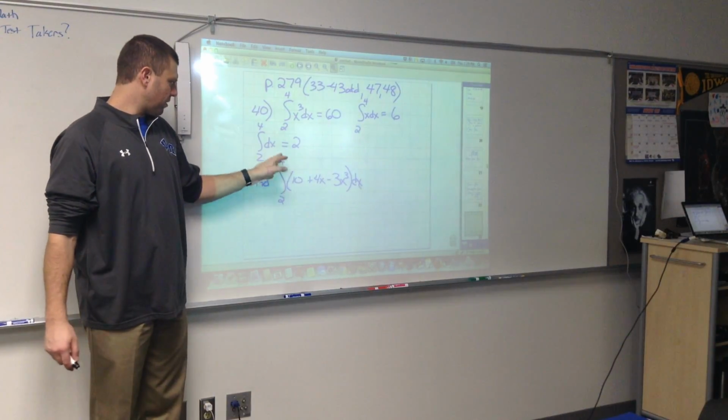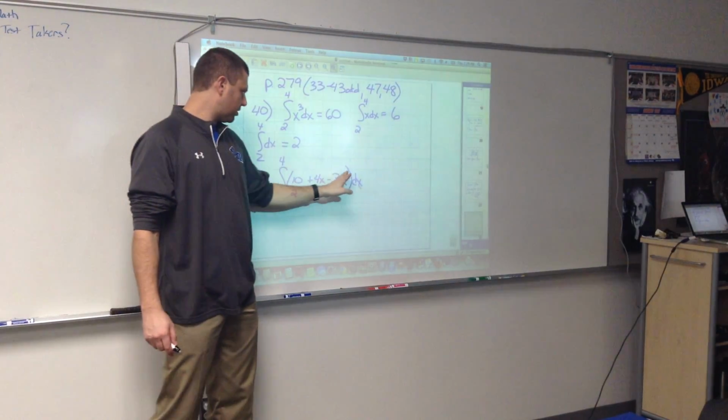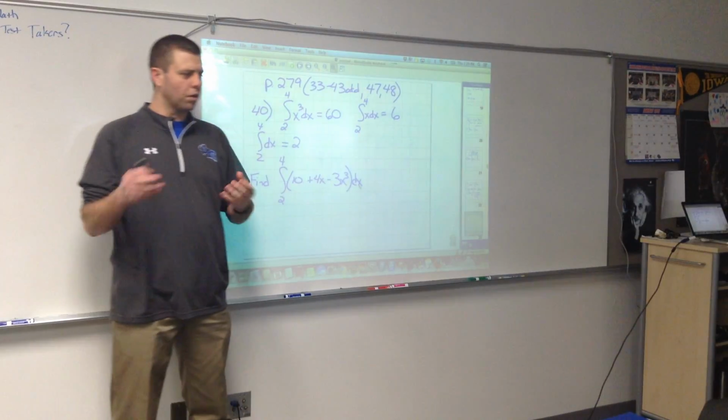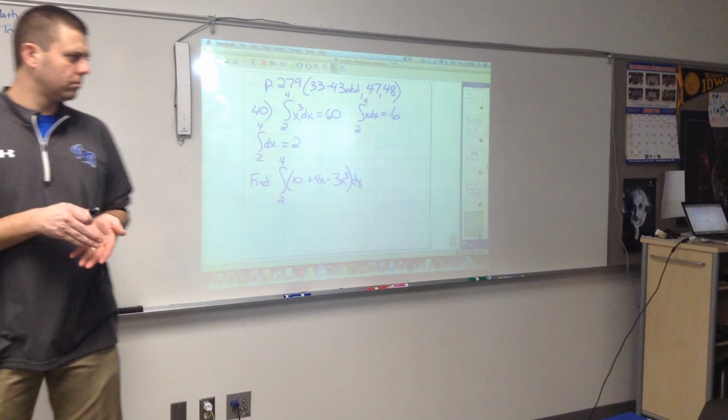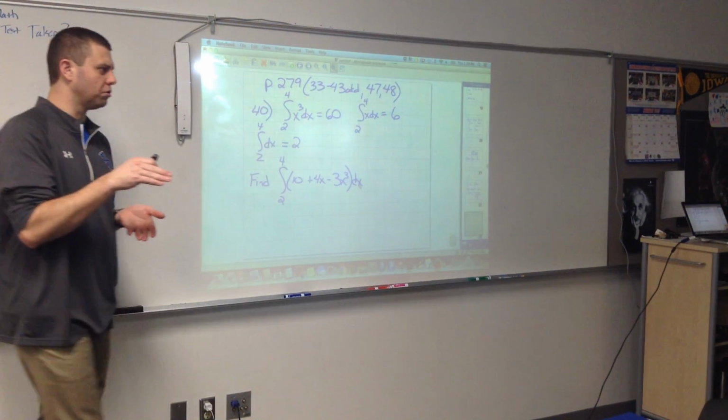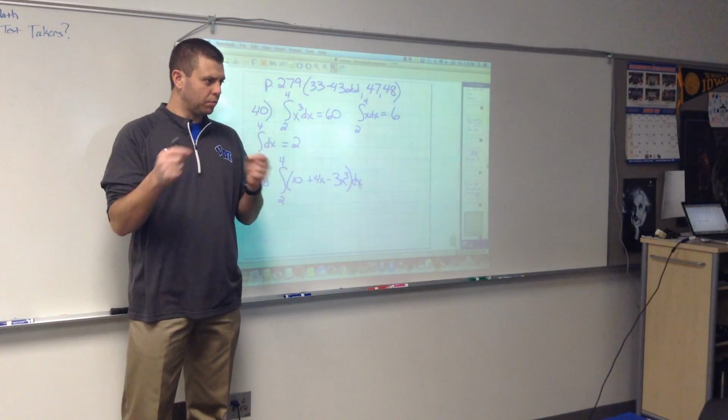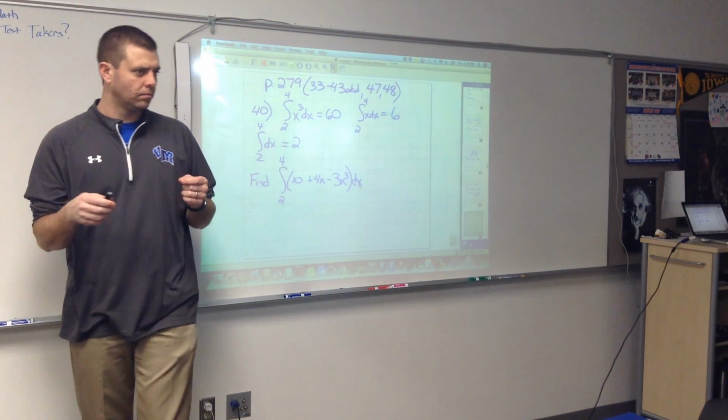So if I want to find the definite integral from 2 to 4 of these three terms, can I work with them all individually? Yeah, that was one of the properties I showed you, right? f of x plus or minus g of x.